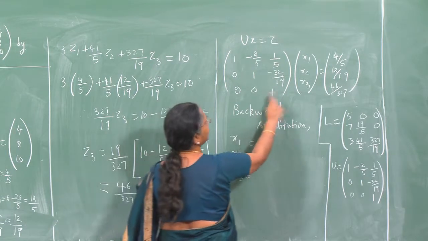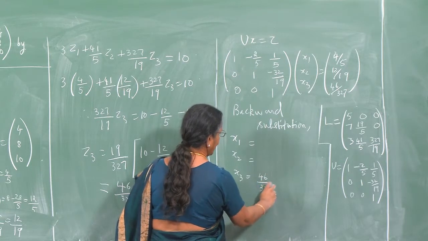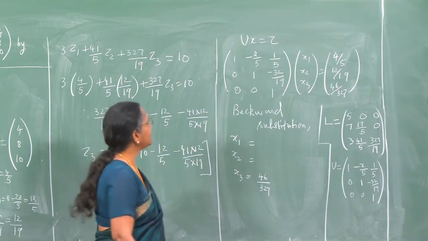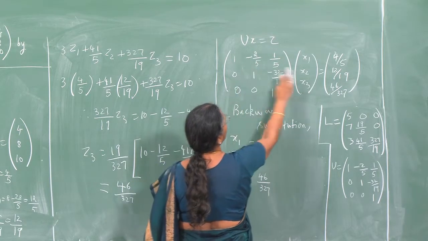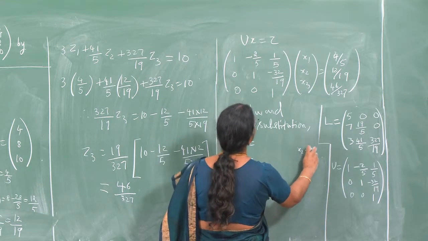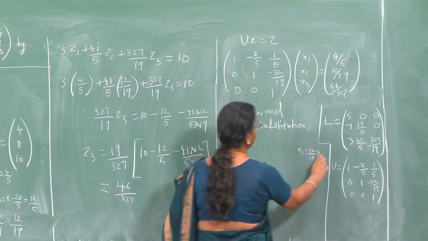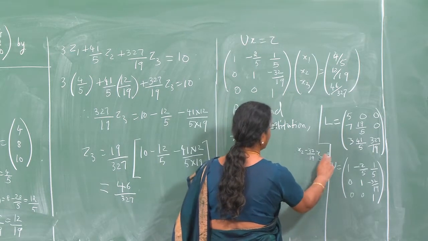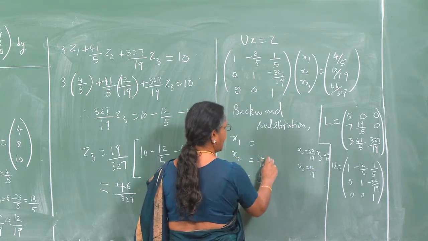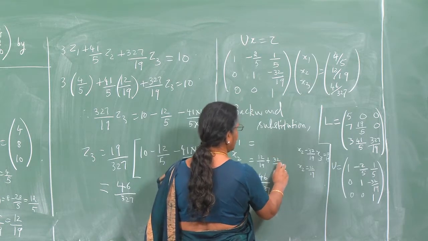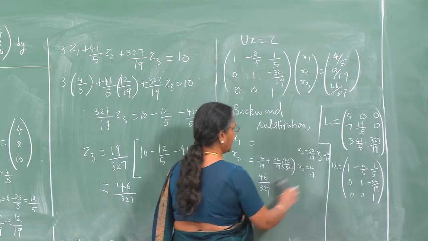First you will obtain x3. 1 into x3 is 46 by 327. So, x3 is 46 by 327. Then the next equation gives you 1 into x2 minus 32 by 19 into x3 is 12 by 19. So, x2 is 12 by 19 plus 32 by 19 into x3, which is 46 by 327.